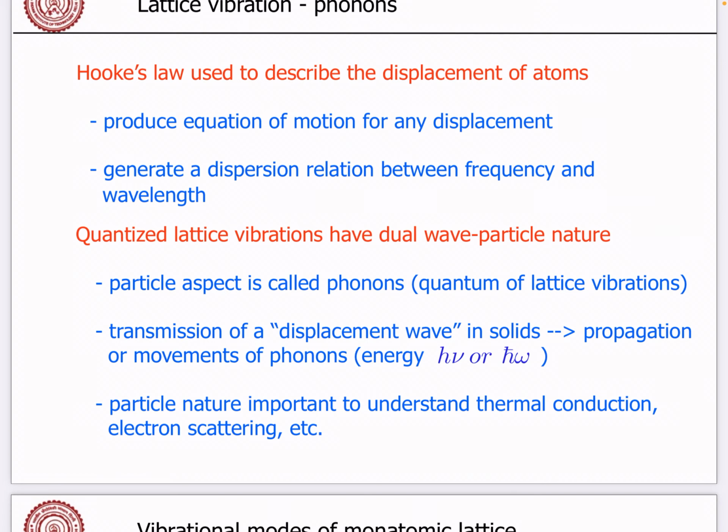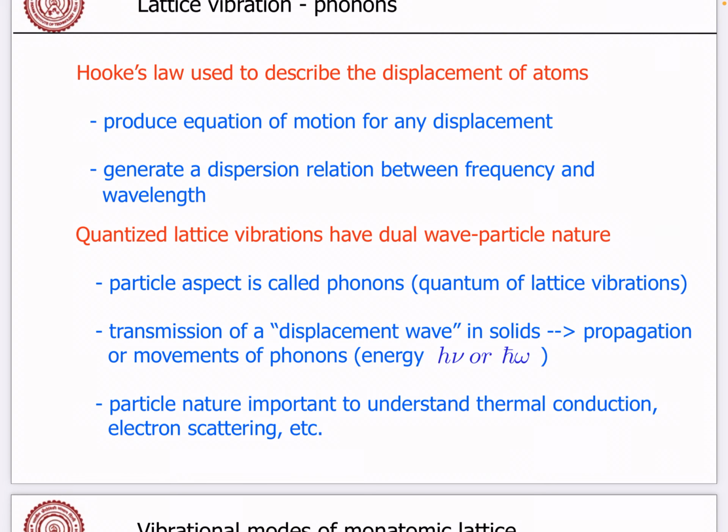Phonons have energy h nu or h cross omega, right? And the behavior of phonons is important to understand different physical observations. For example, the electron scattering, as I have just shown for the metals, where the resistance increases as a function of temperature. So this is due to the electron scattering by the phonons, right?